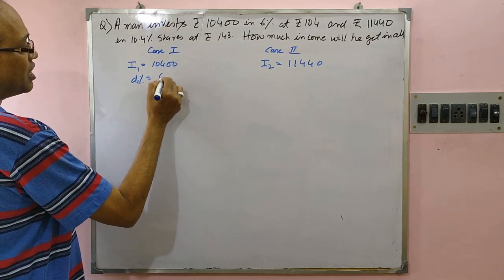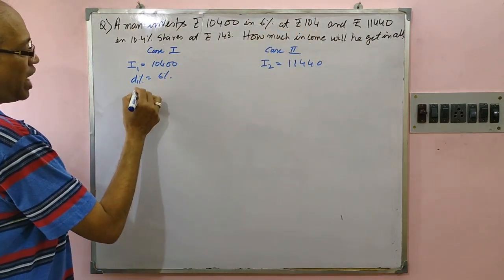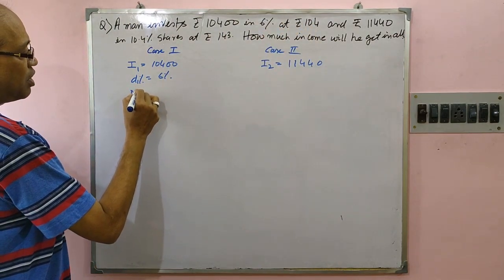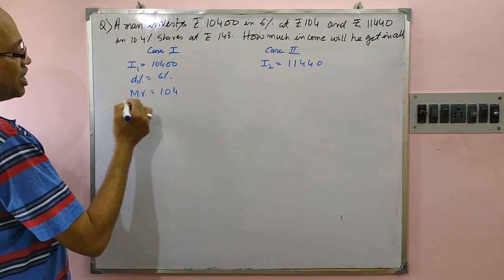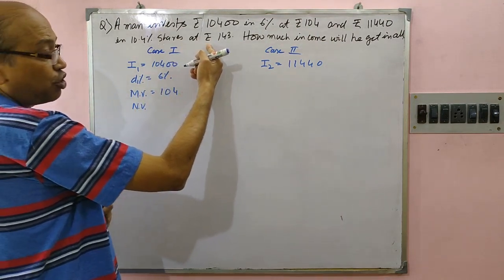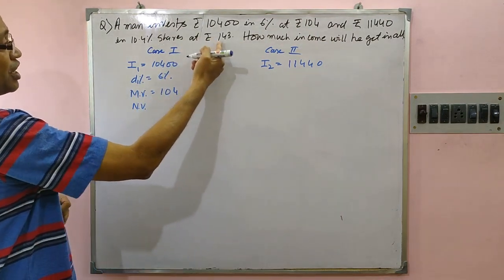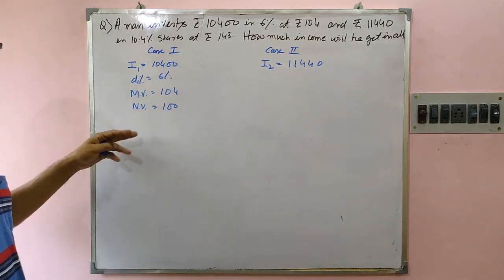D1 percent is 6%. At rupees 104 means market value is 104. Here we have to assume, it's not given but it will be given in your board papers. Here we have to assume that nominal value is 100. Please note this here.